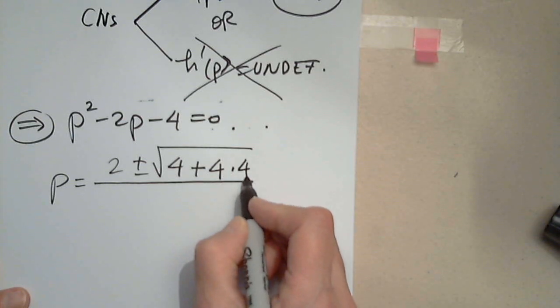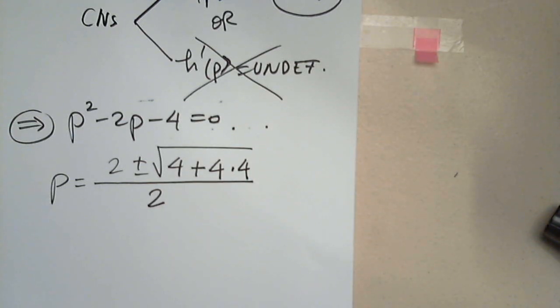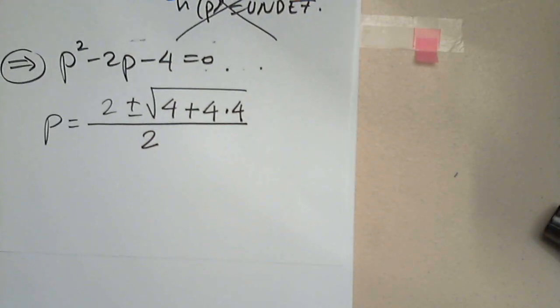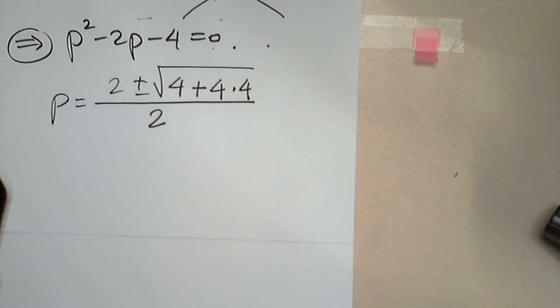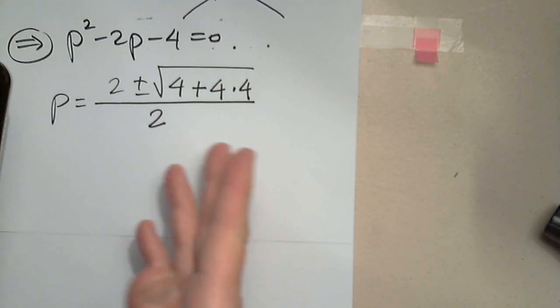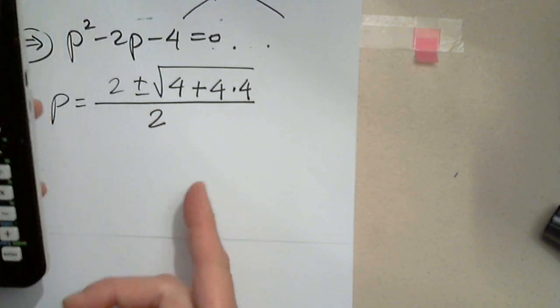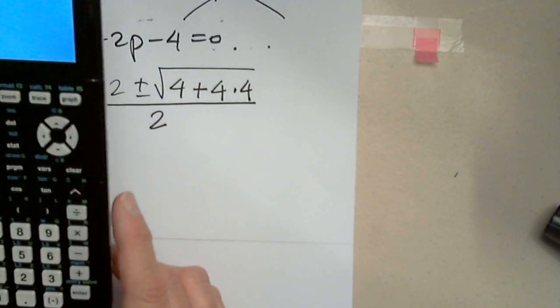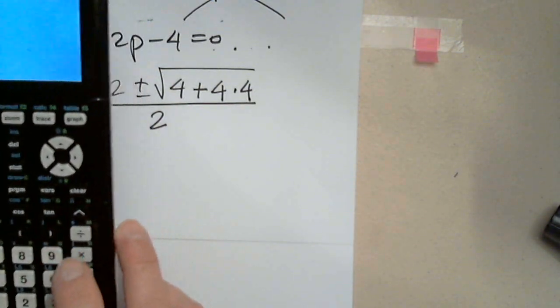So now grab the calculator. These are the two critical numbers. We don't know whether they turn into max or min, and we should analyze them. So let's just evaluate this then. I can simplify it, but I still have to approximate, so no problem there.